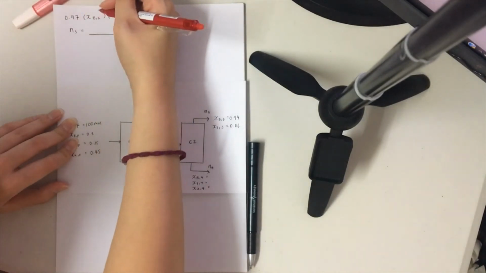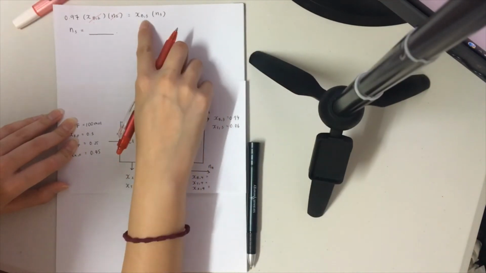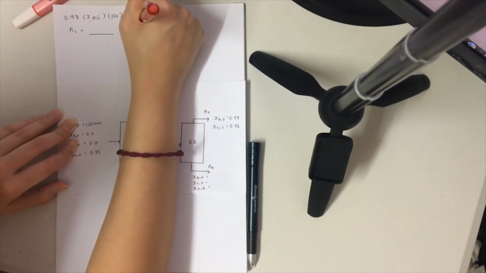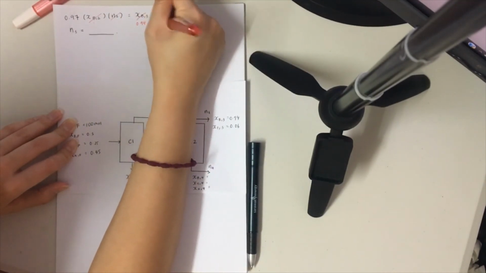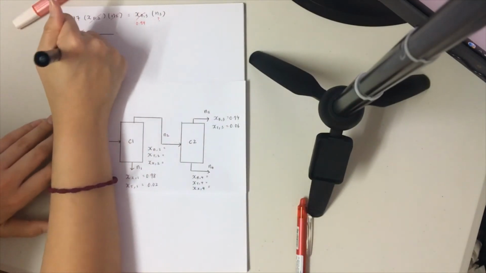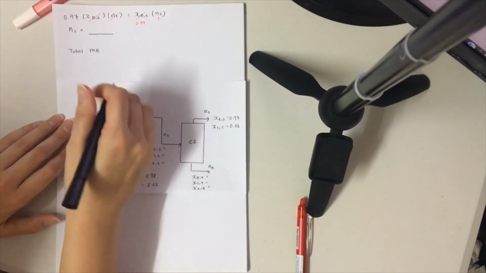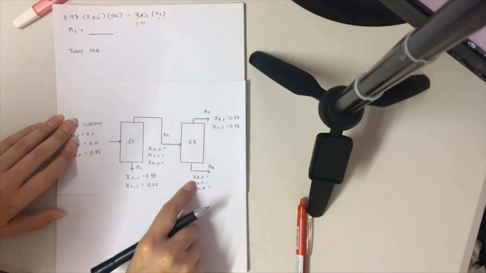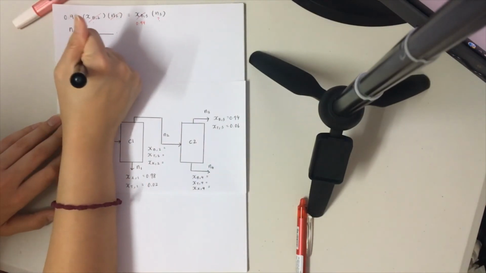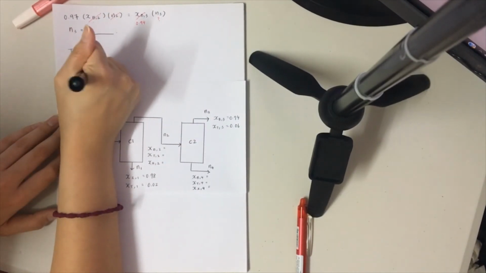N2 was solved in the previous part, and XB3 is 0.94, right? And this one you don't know. Therefore, you can write the entry. Then we can do total material balance again, which is in is equal to out, so N2 is equal to N3 plus N4.